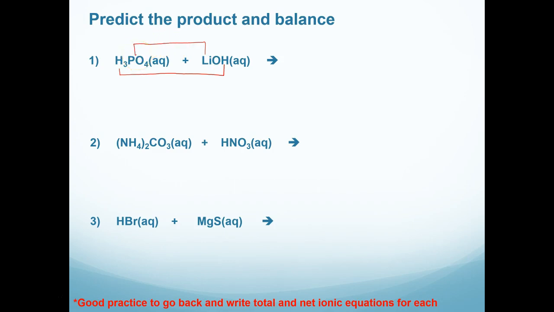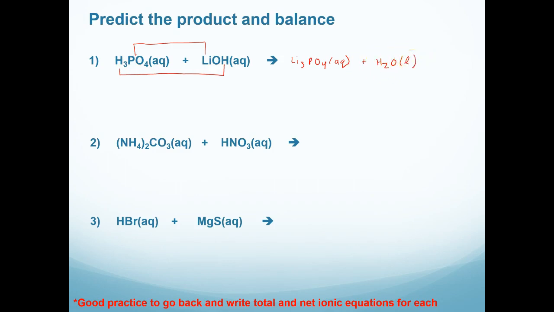And remember, our first step is to write the correct formulas on the other side. So if my lithium is pairing up with phosphate, I need 3 of those to pair up with the phosphate, and this is soluble in water. Okay, and then my hydroxide we said is pairing up with the H plus to form liquid water.